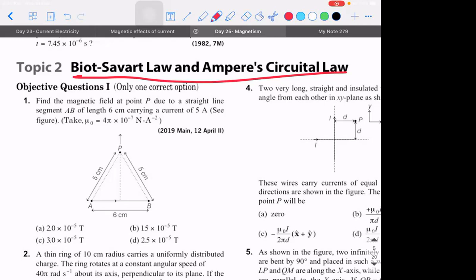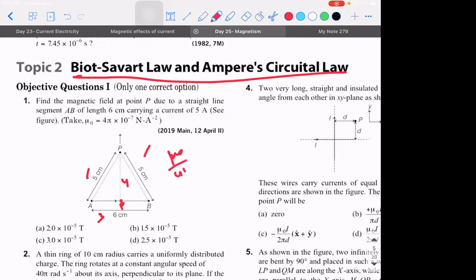Find the magnetic field at a point P due to a straight line segment AB of length 6 cm carrying a current of 5 ampere. If I take this midpoint as P, it's 3 and 4, a Pythagorean triplet. So what is the formula, guys?